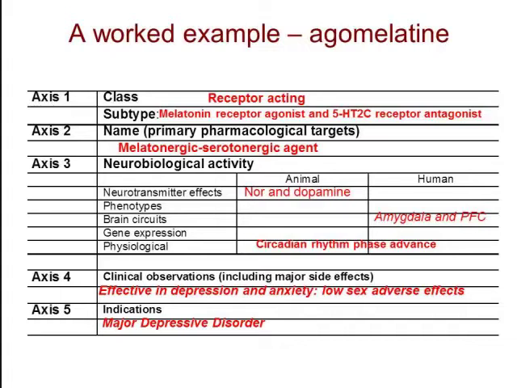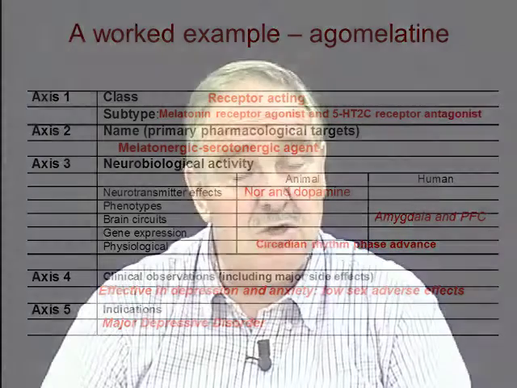When we look at the neurobiological activity, we can see in animals that it enhances noradrenaline and dopamine in frontal cortex. In humans, it dampens down the brain circuits that are stress responsive in amygdala and prefrontal cortex. And when we look at the physiological responses, we see that it resets abnormal circadian rhythms in animals and humans.